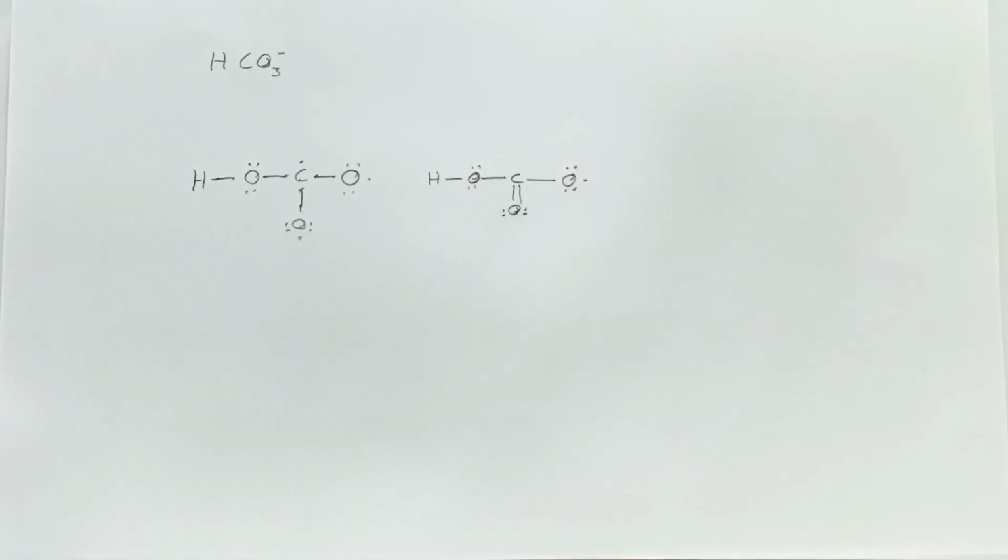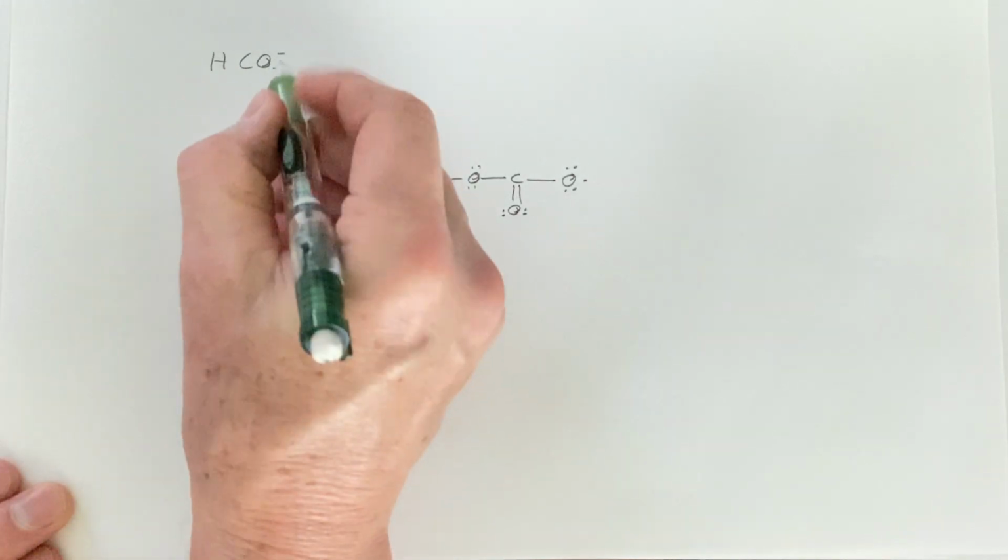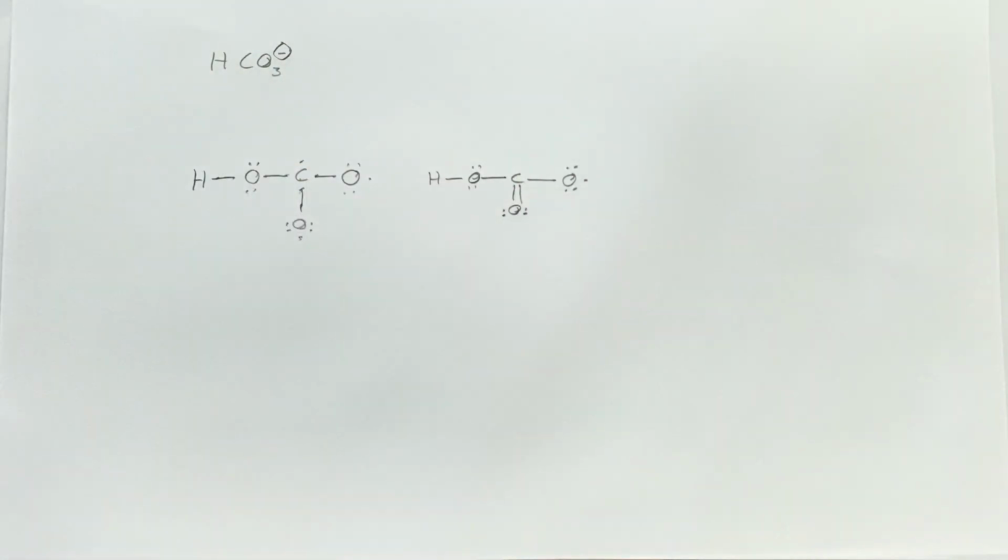And of course, when we're drawing Lewis structures, we do not want to have unpaired electrons. But remember, the formula for HCO3 minus includes this minus. The extra charge means that there is an extra electron that must be placed on our Lewis structure. We have an unpaired electron.